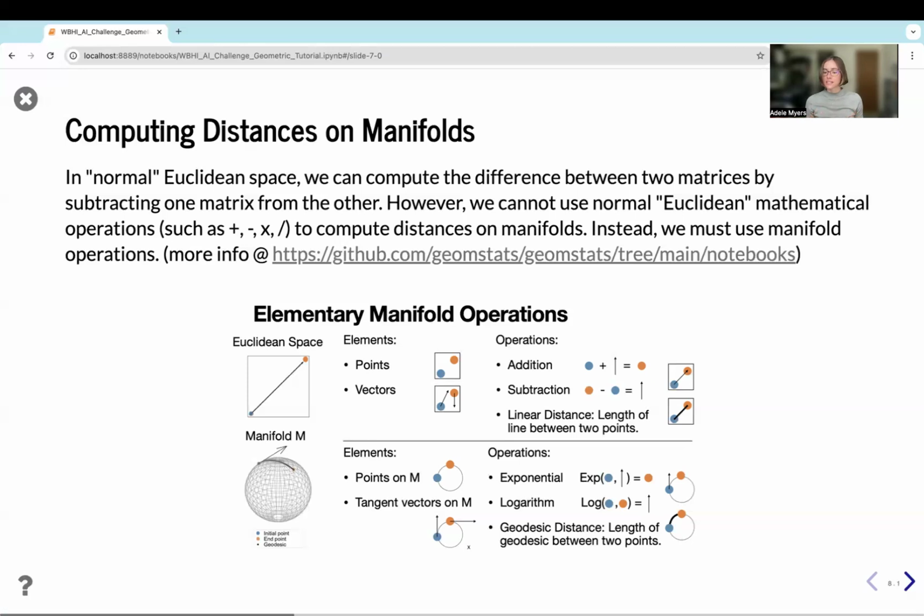And the geodesic distance gives you the length of a geodesic between 2 points. Similarly to how a line realizes the shortest distance between 2 points in Euclidean space, a geodesic realizes the shortest distance between 2 points on a manifold.